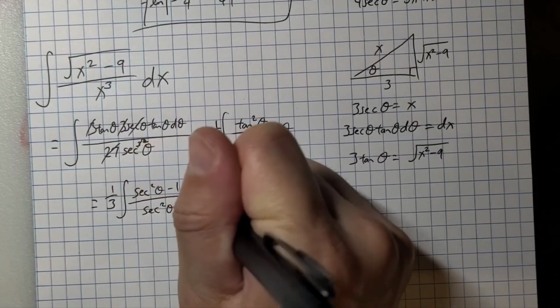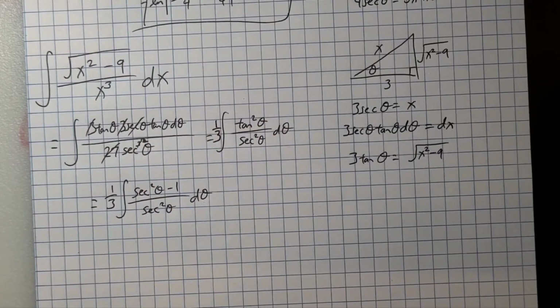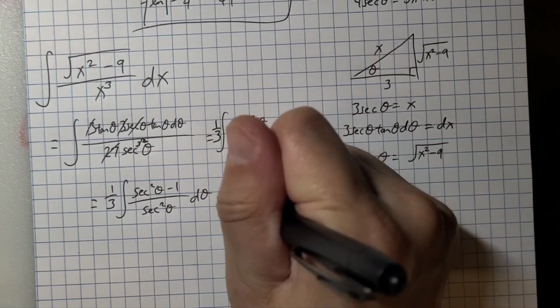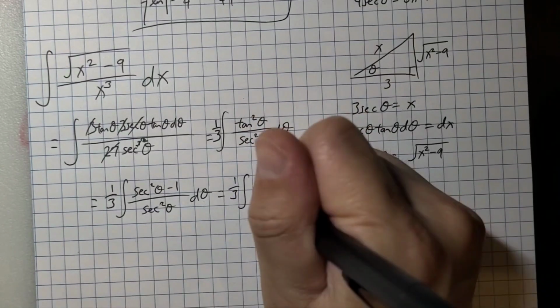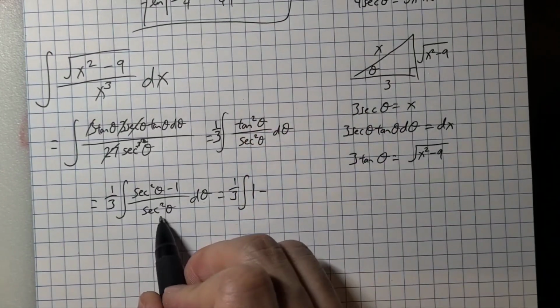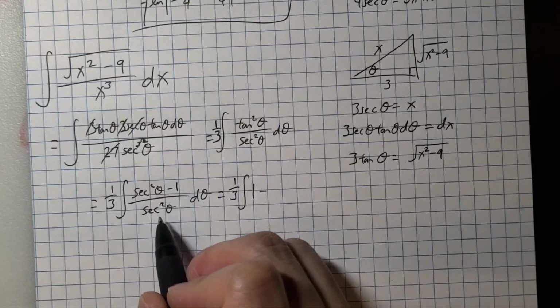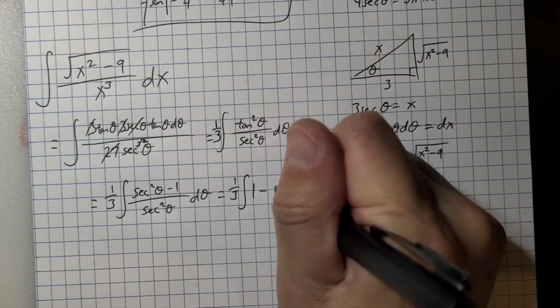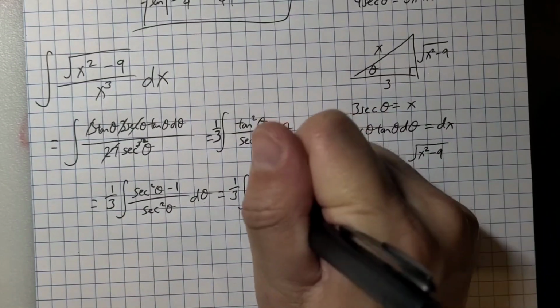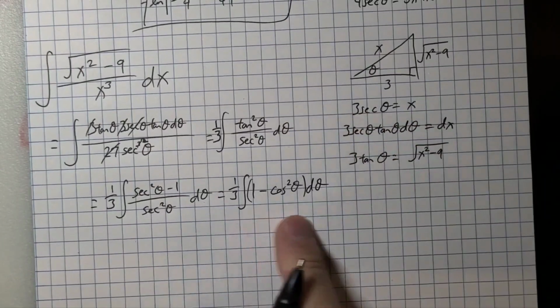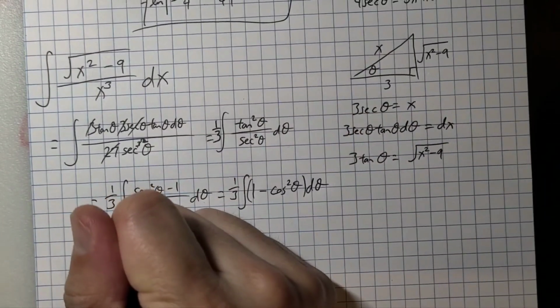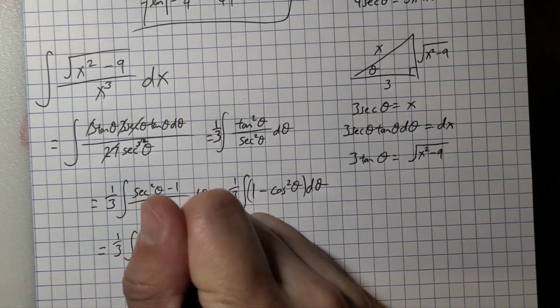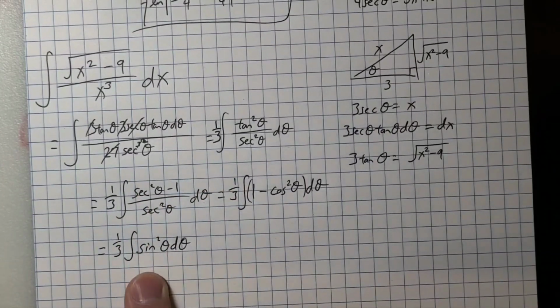So we can write it like this, and I would write this as the integral of 1 minus 1 over secant squared. What's 1 over secant squared? That's the same thing as cosine squared. d theta. This is just sine squared. Okay, we know how to solve this guy.